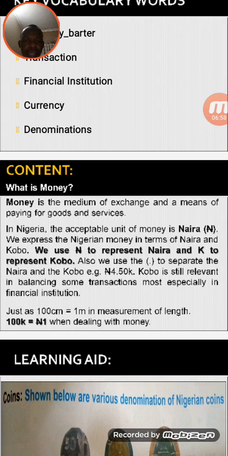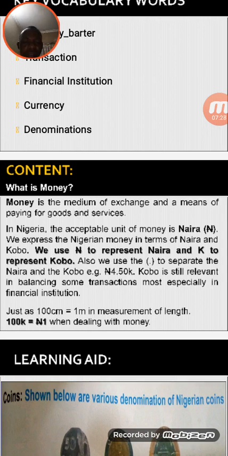We use N with double strike through to represent naira and K to represent kobo. Also, we use the dots, that's the one in brackets there, to separate the naira and the kobo. E.g., 4 naira, 50 kobo.